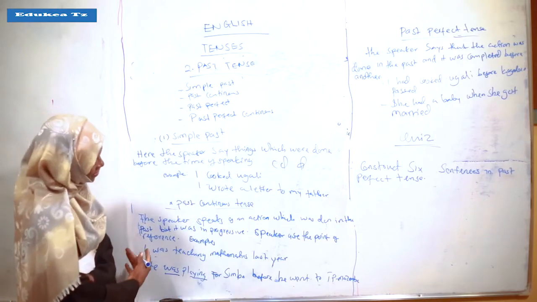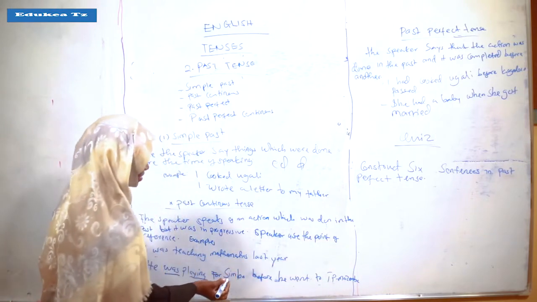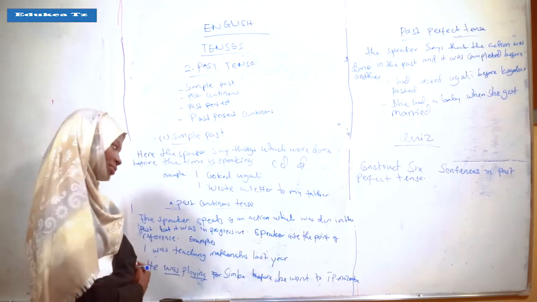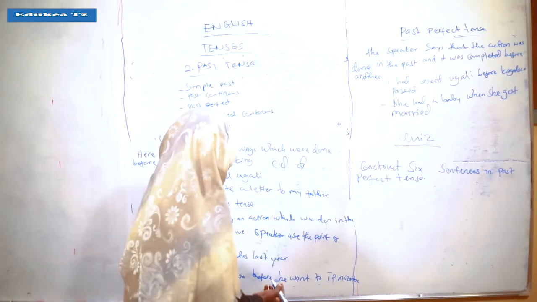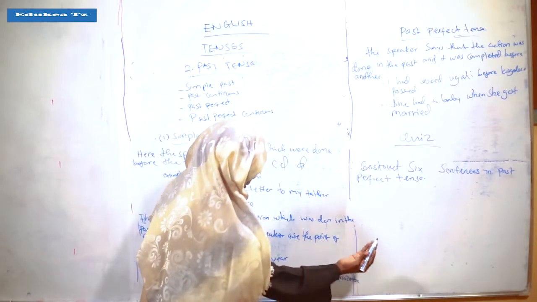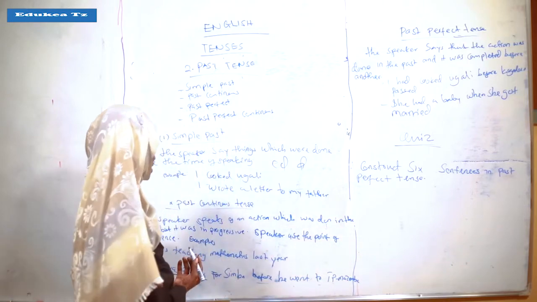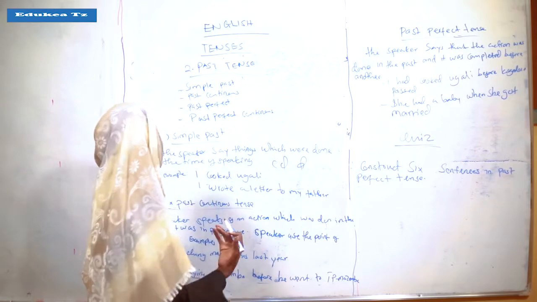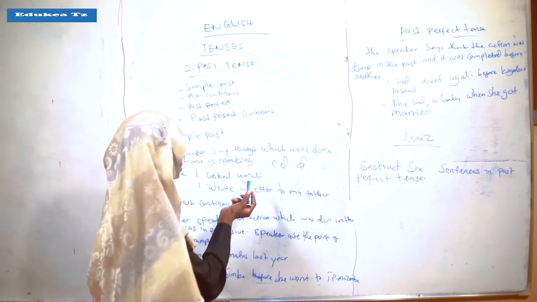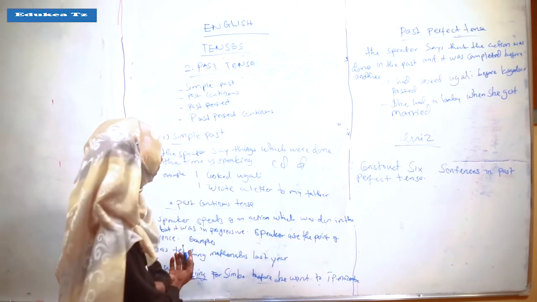For the Simba fans, they have their own point of reference. And before he went to TP Mazembe, this marks the point of reference, that before this was done, this occurred. That's the things which were done before the time of speaking.